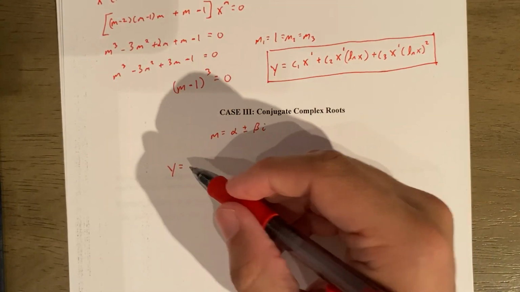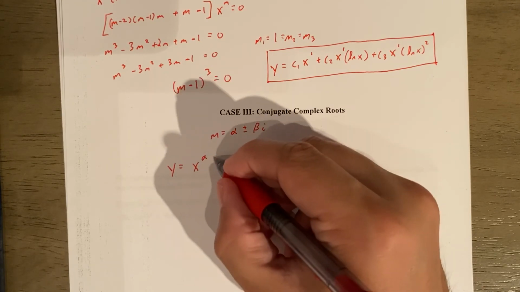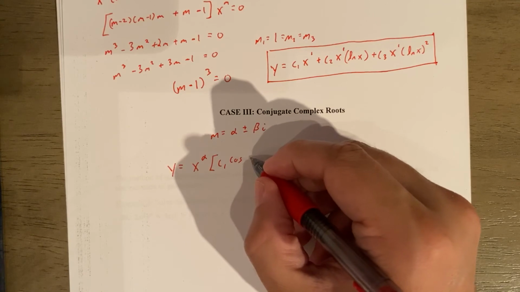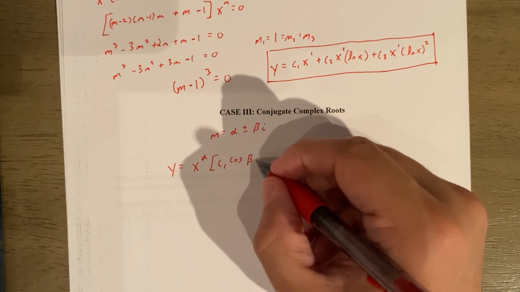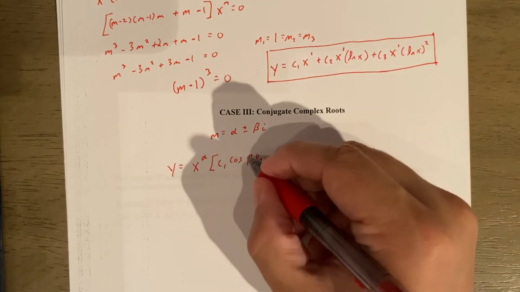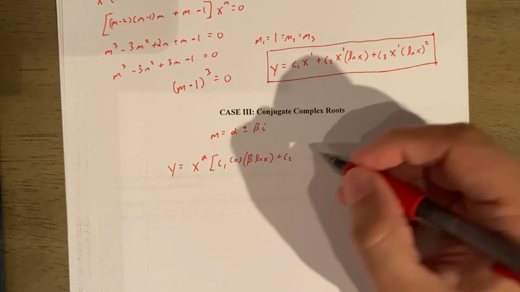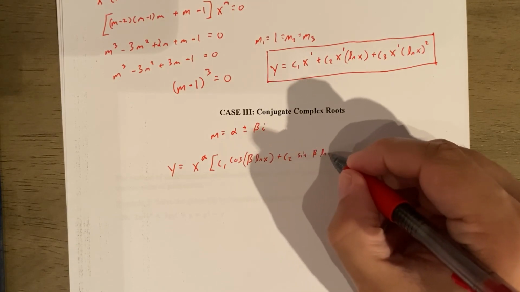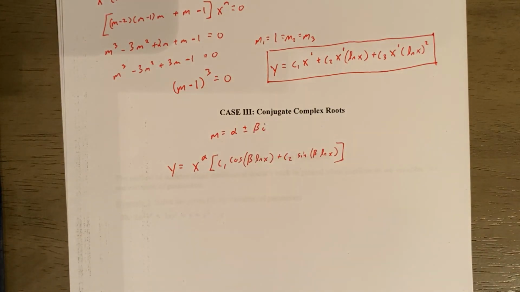Instead of e to the alpha, it's going to be x to the alpha times c sub 1 cosine, and then instead of beta x, it's going to be beta natural log of x. And then our second solution is going to be plus c sub 2 sine of beta times natural log of x. And that's what our solution is going to be for conjugate complex roots.